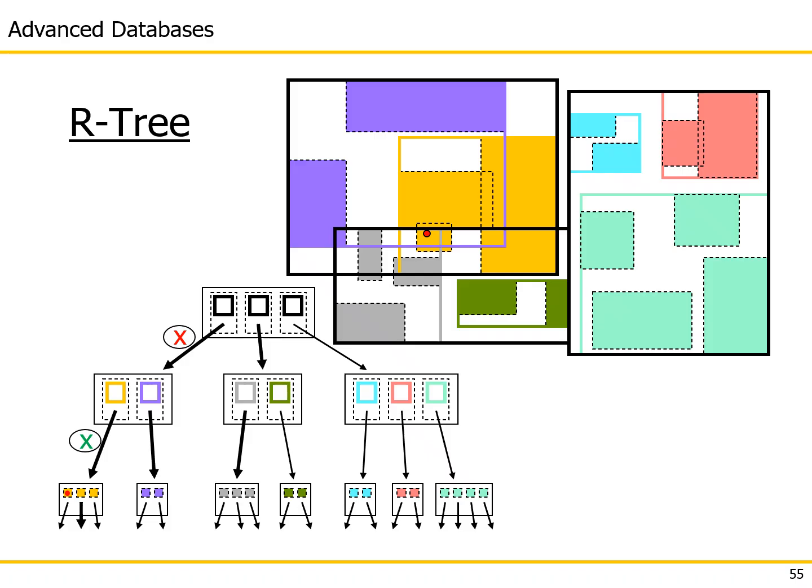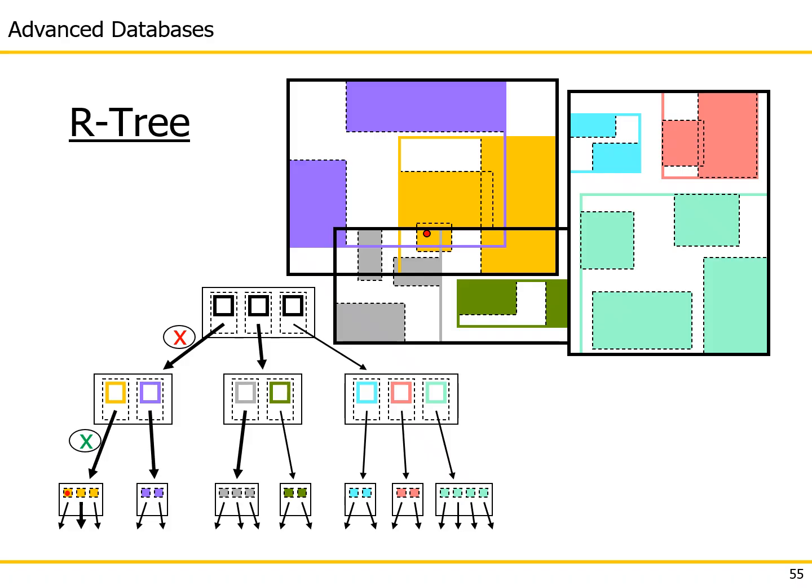When I ask, starting at the root, about where could this be, just like what I did with a B plus 3, I'm given a value, and I have to decide, should I follow the first arrow or the next arrow or the third arrow at the root level. I am doing here a containment check. I'm saying, okay, does this exist within this bounding box, or within that bounding box, or within the other bounding box, the third bounding box?